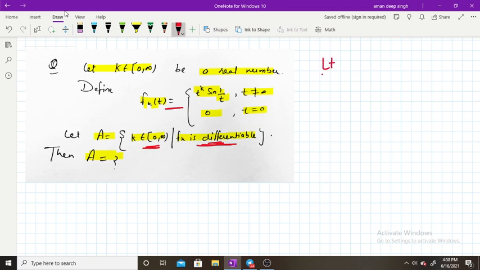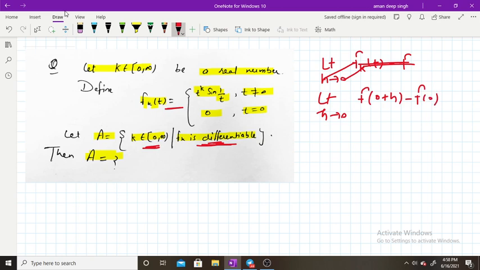So it is the limit as h approaches 0 of f_k(t + h) minus f_k(t) upon h. If I check at 0, it is the limit as h approaches 0 of f(0 + h) minus f(0) upon h.